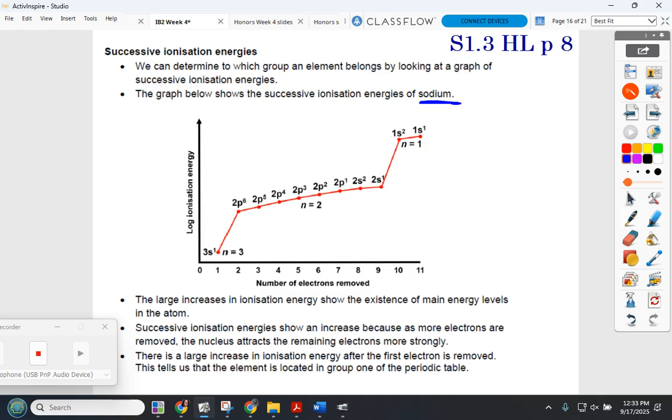But there's not actually that much of a difference until we get to the next shell. So we're going to see an increase no matter what. It's never going to go down in a graph like this, okay? Because we're continuously removing electrons. But the larger increase is telling us what group it is, okay?